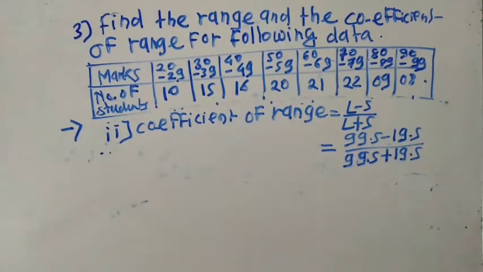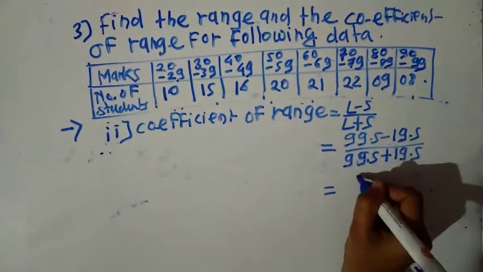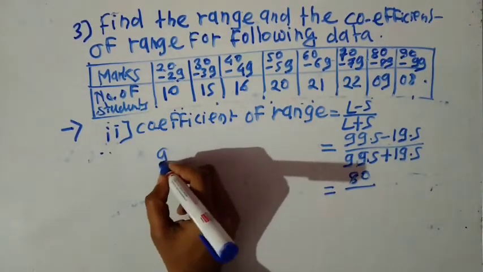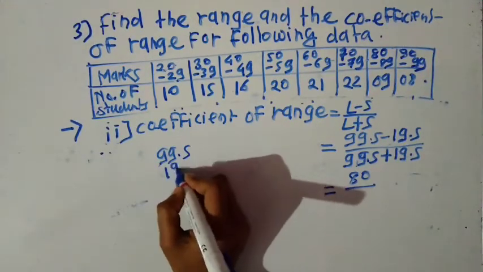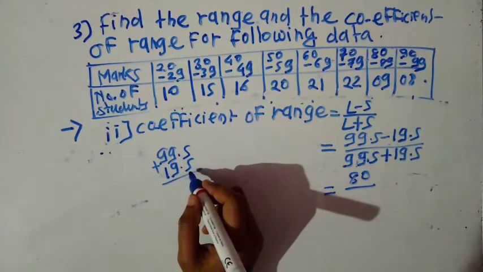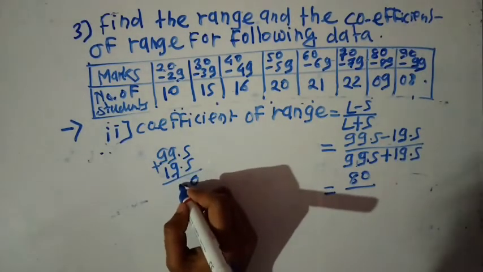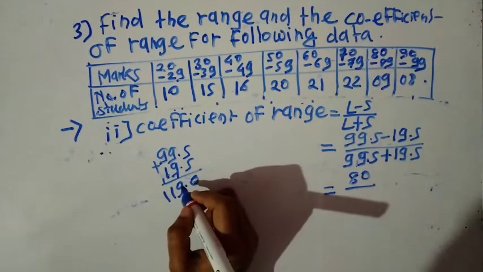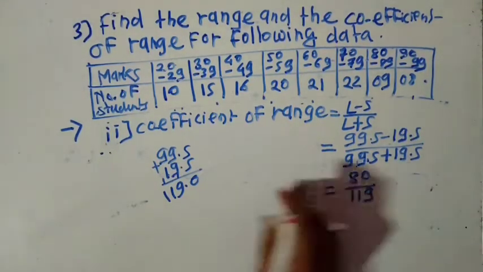So the numerator value is 80. And 99.5 plus 19.5 is equal to 119.